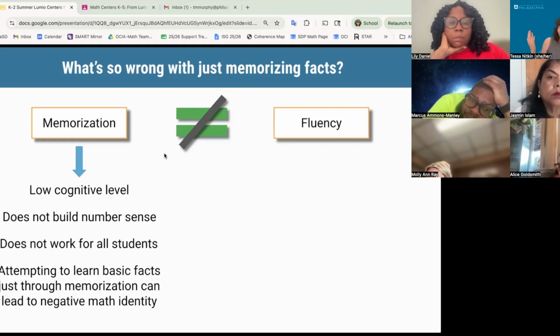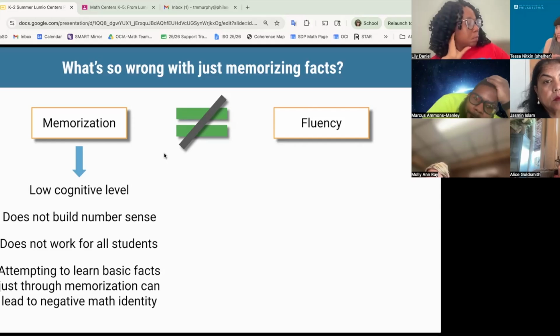It also doesn't work for all students. We know that there are a lot of students, especially our neurodivergent students, for whom memorization is a challenge, right? I remember when I got to high school and I had to pick a world language to learn, I specifically picked Latin because I was terrified of speaking and memorizing a language. I was like, oh, Latin, I can just do it on paper and not have to talk out loud.